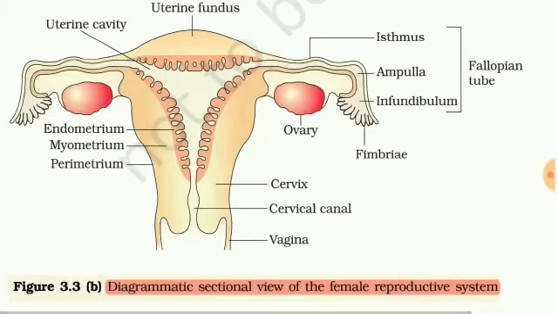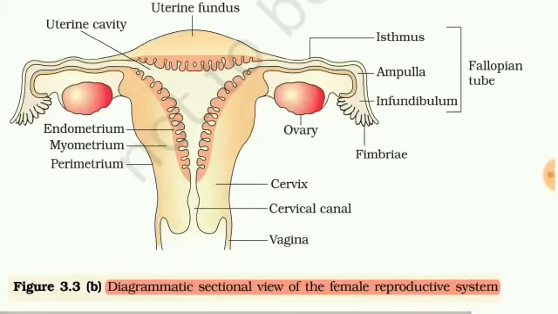Here the oviduct is divided into infundibulum, ampulla and isthmus. So which part of the oviduct receives the ovum? The fimbriae. And after entering into the infundibulum, the ovum enters into which part?